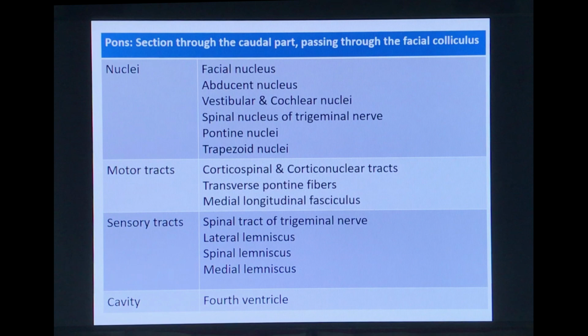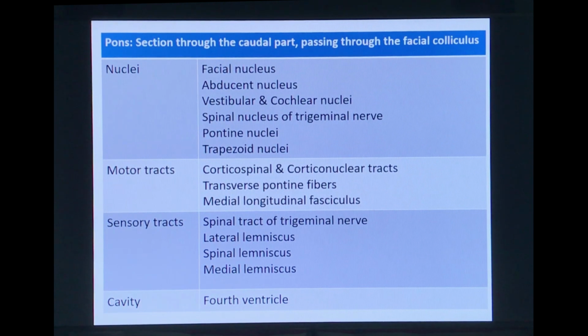You will be seeing three lemnisci. One is the medial lemniscus. We already know what the medial lemniscus is. It is related to the dorsal column, which carries conscious proprioception, fine touch and two-point discrimination, and which has crossed after relaying in the nucleus gracilis and cuneatus in the medulla.